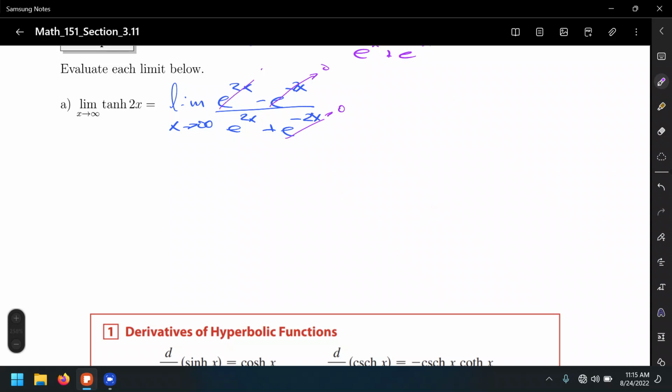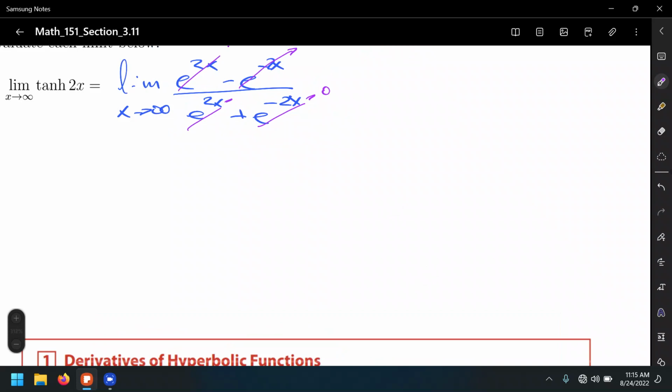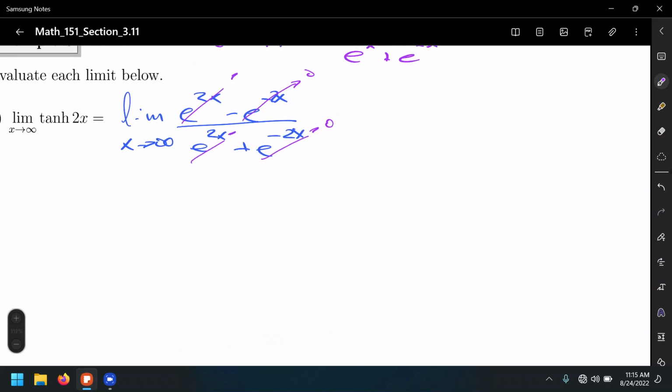What about the other two? Infinity, right? So we basically have the infinity over infinity indeterminate form. Well, that's good because that tells us that we can use any algebraic manipulation possible to write this limit in a convenient way that we can compute it.